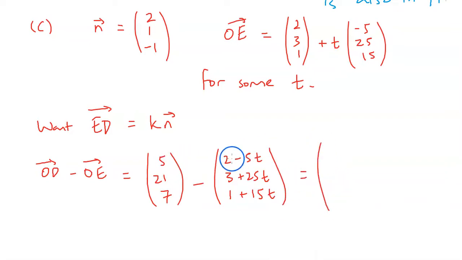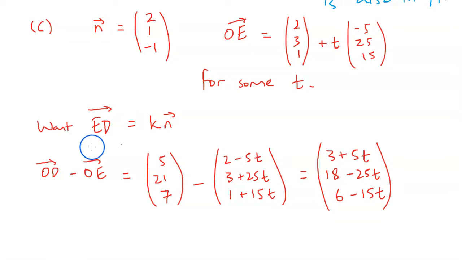Okay, so 5 minus 2 is 3, and then so 3 plus 5t. Okay, 21 minus 3, so that will be 18. Yeah, 18. So 18 and then minus 25t. And then 7 minus 1 is 6. Minus 15t. Alright, so that's our vector ED.